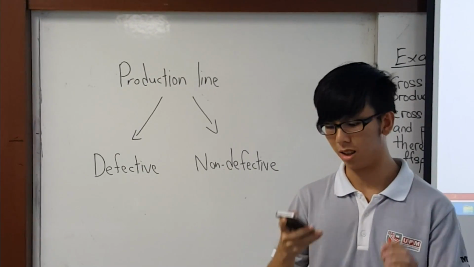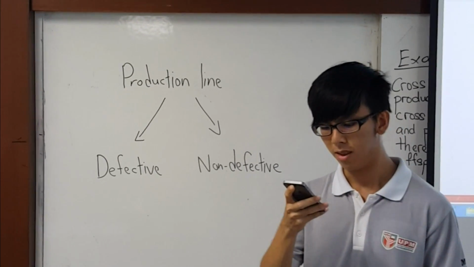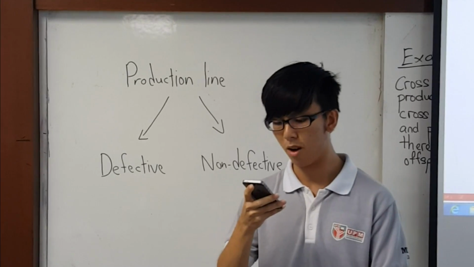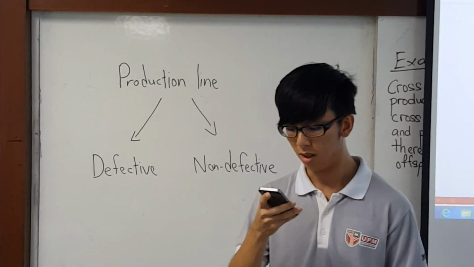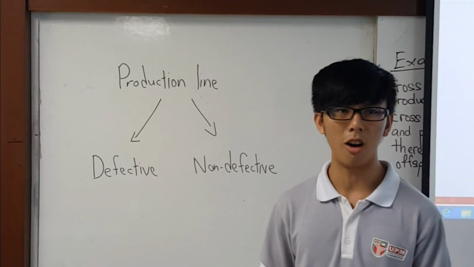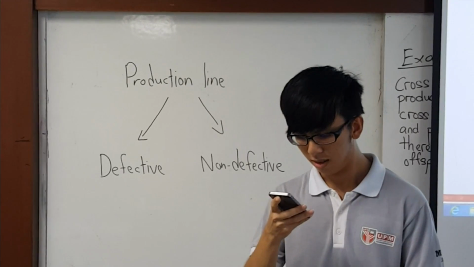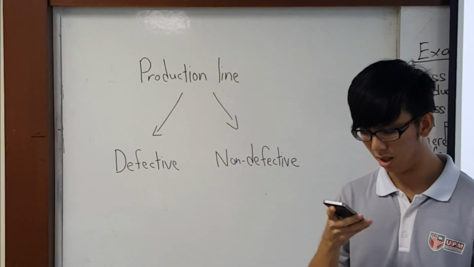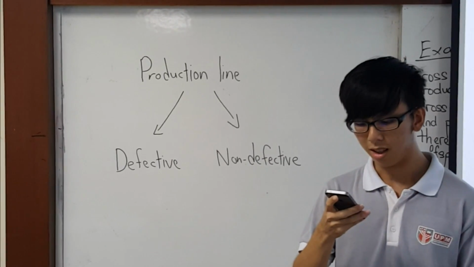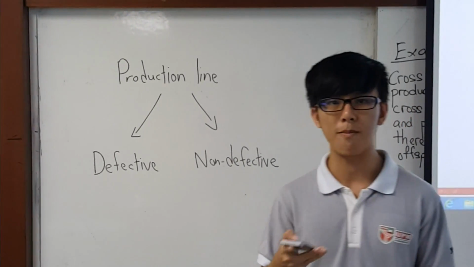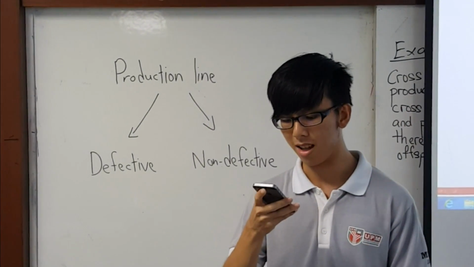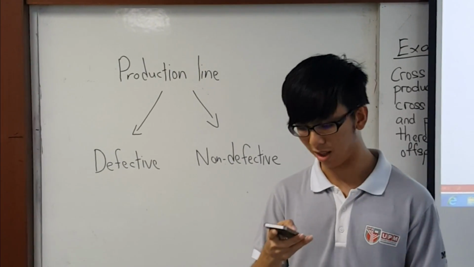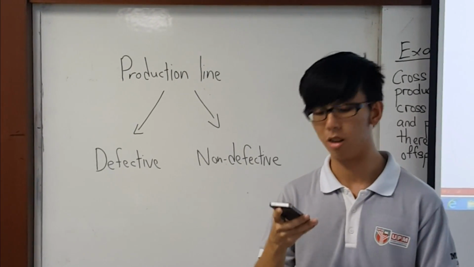So for a sufficiently small sample from a large enough batch, the probability of a defect on a single trial will be approximately constant. The condition is also met for sampling item by item from continuous production under constant conditions.